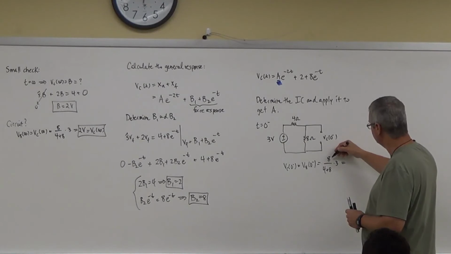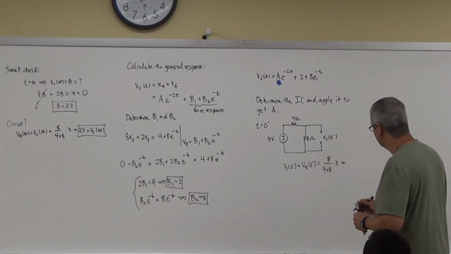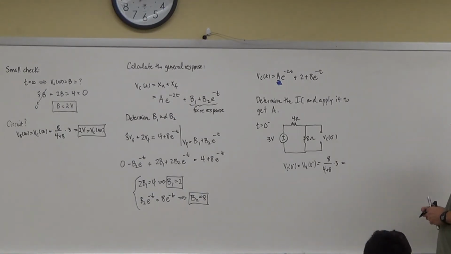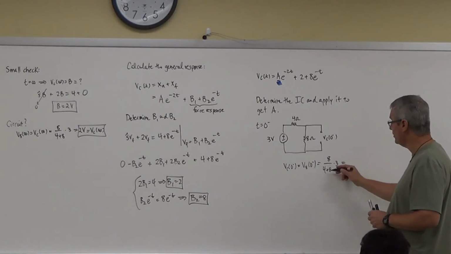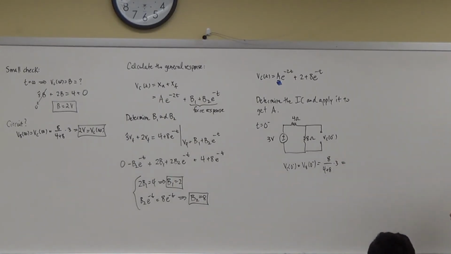Well, that's got to be, 8 over 12 is 2/3. 2/3 of 3 then gives me 2. It's the same as at infinity.